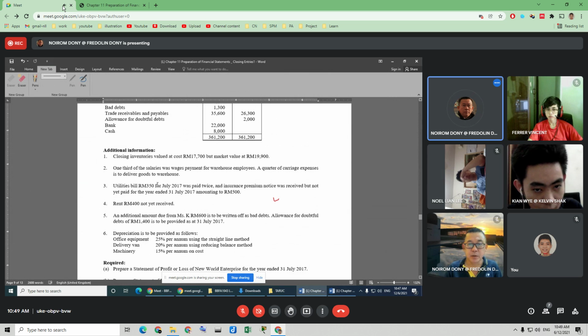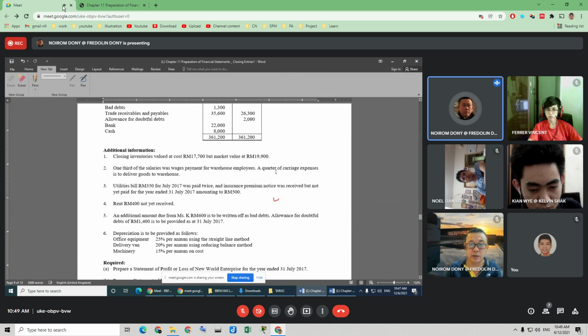Okay, now closing inventory. Normal, take the lower, that is cost, right? And then 1/3 of the salary. 1/3 means 1/3 for warehouse employees, meaning this is wages.